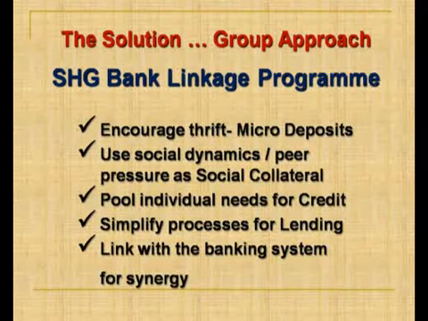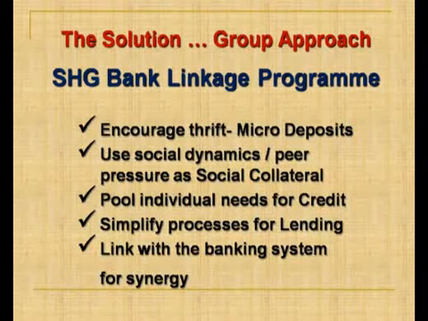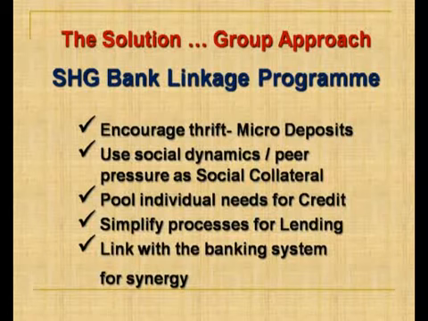So with that, this innovative model called microfinance evolved, and one of its most popular methods is the SHG, that is, the self-help group. Now what does this group approach do? In what way is it a solution to the problems because of which bankers were not able to bring the poor into their main fold? One thing this group approach does is encourage thrift, meaning there are more micro deposits with the bankers.